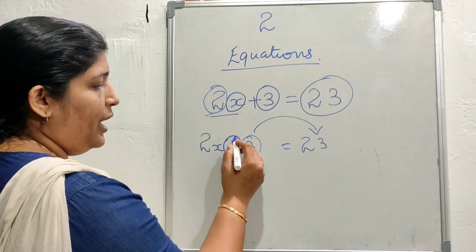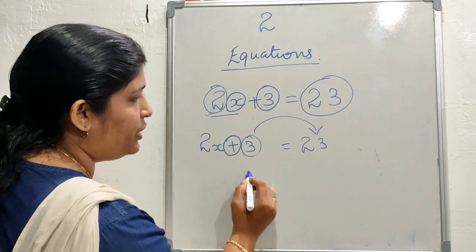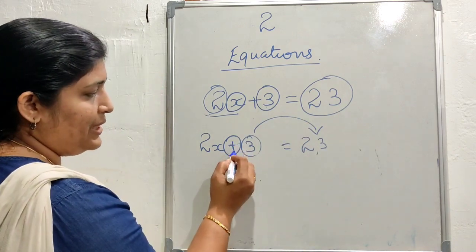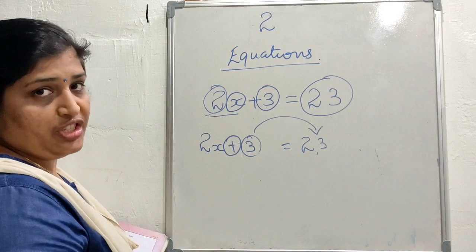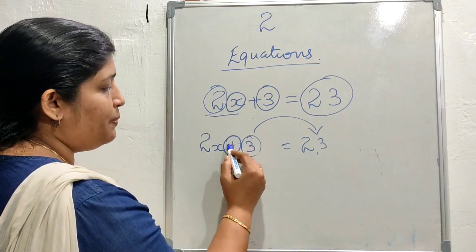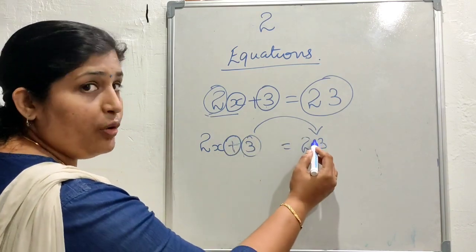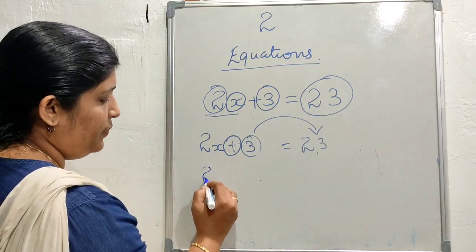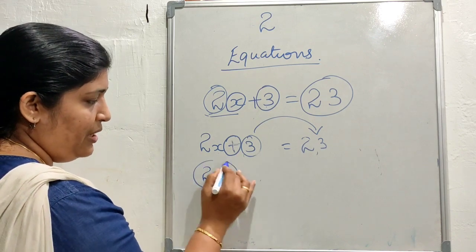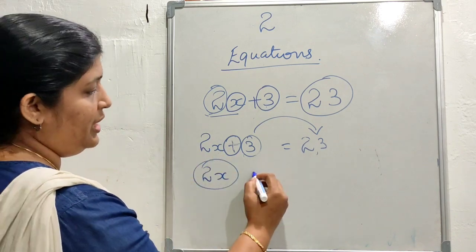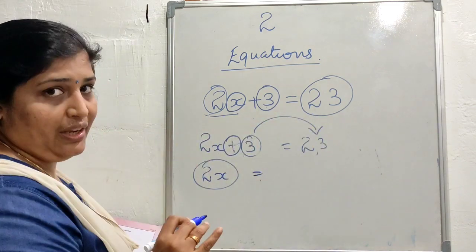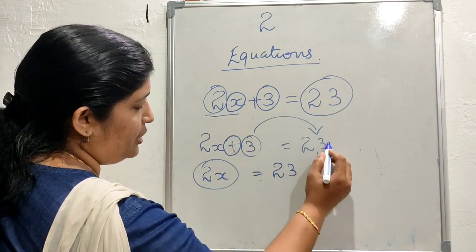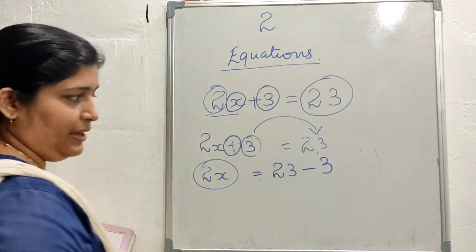If a number is adding here and it is moved to the right hand side of the equation, this plus sign will be changed to negative. So 2x will be on the left hand side and this 3 moves to the right hand side. That is 23, this is plus 3 and if it goes to the other side, it becomes minus 3.